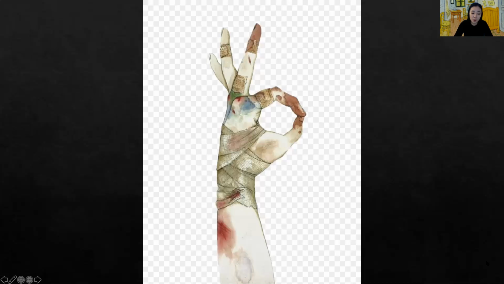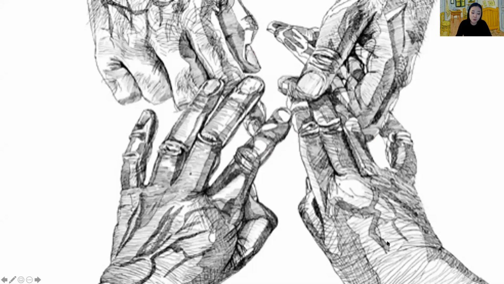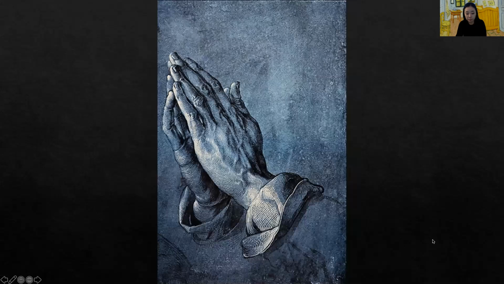And this hand drawing shows motion and emotion. It got hurt. This hand drawing shows motion and emotion and contrast. And this hand drawing shows emotion and grandeur and contrast.